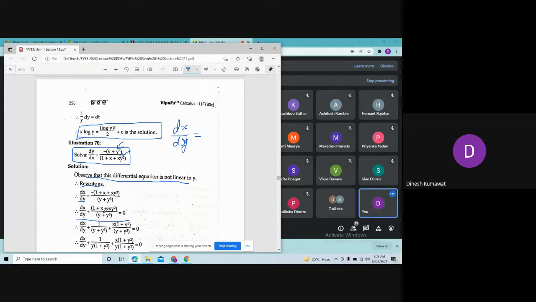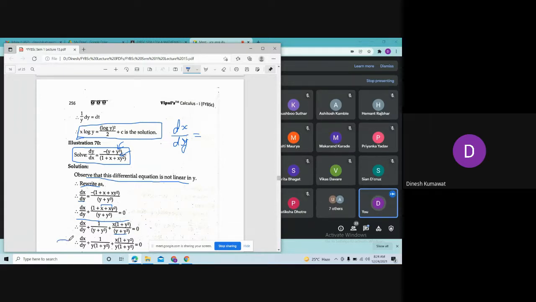Okay, so after separating we are having 1 upon y plus y cube plus, now you can see we can take x common from these two terms. So if I take x common from these two terms, then we just left with 1 plus y square in the bracket. Okay. Similarly, after separating the denominator, you can see if I take y common from it, then numerator and denominator get cancelled.